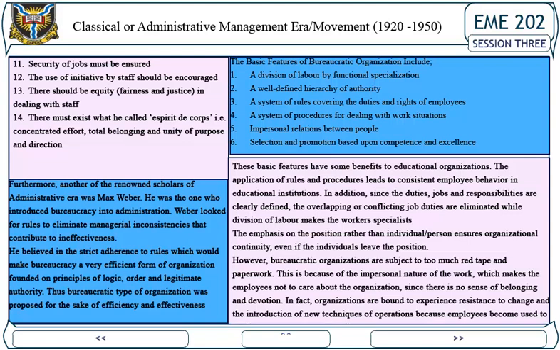6. Individual personnel interest must be subjugated to overall interest. 7. Respectable remuneration must be guaranteed to workers. 8.